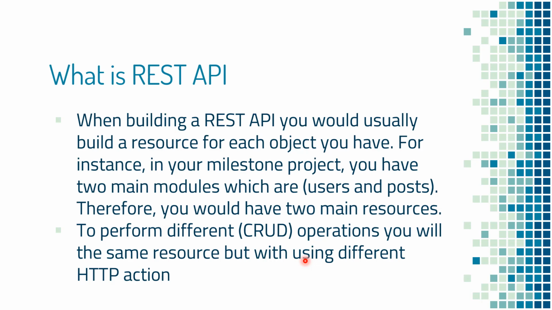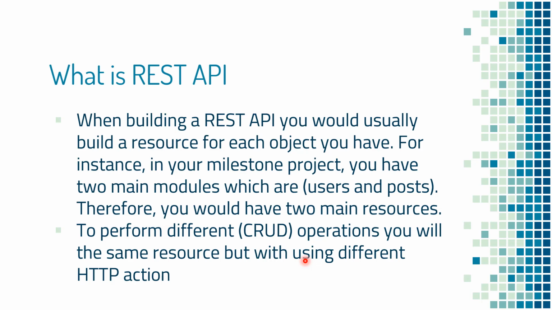But when building a REST API, you would usually build a resource, and you will hear the keyword resource very often when you are working with REST API. So what is a resource? A resource is just another keyword for an object, or let's say a module.